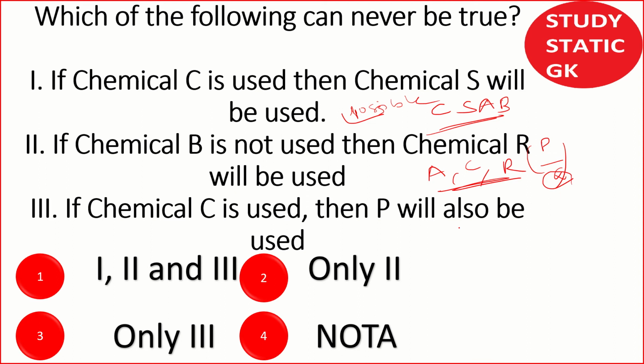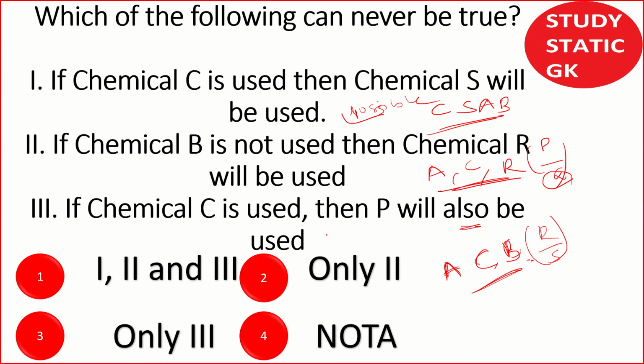So it says P will also be used, but without P we can also make a compound, right? Where chemical C is used, A and B, right? We can have A, R and S also, or S. So this is one possible case.